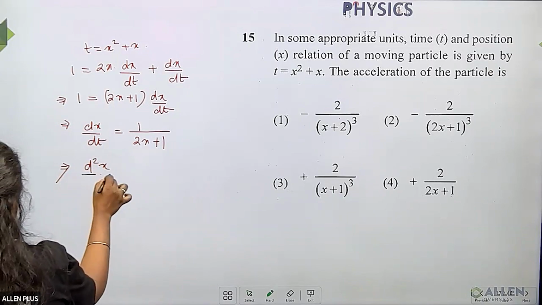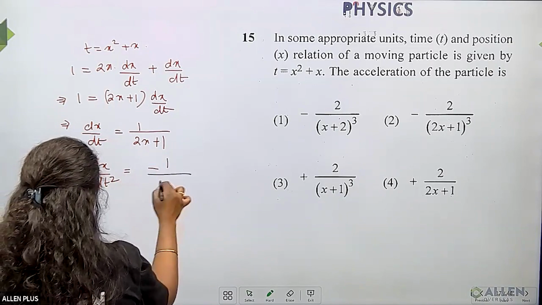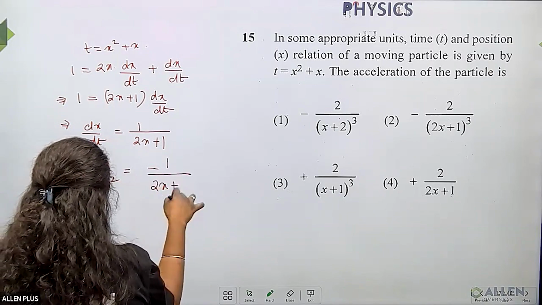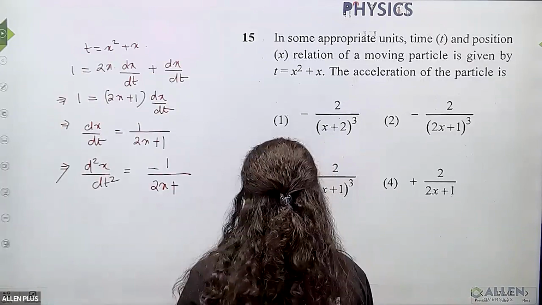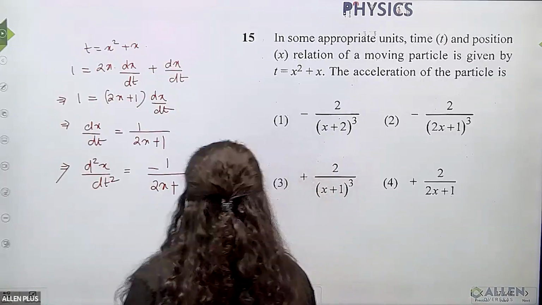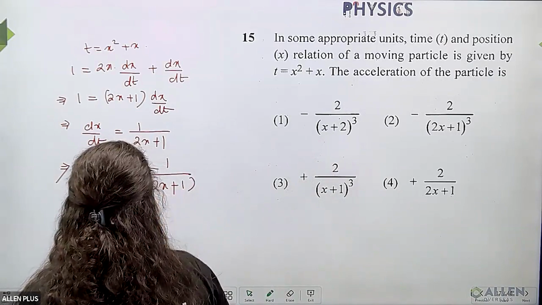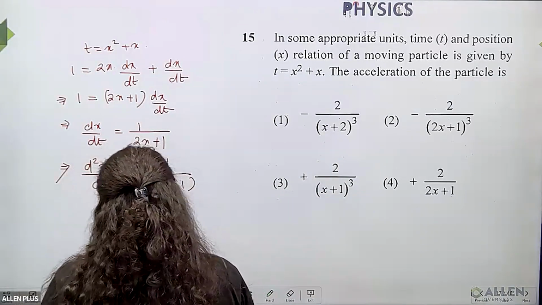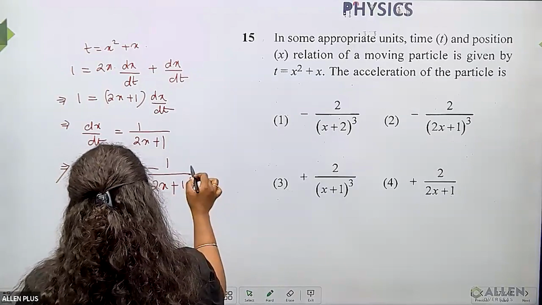d square x by dt square will be equal to minus 1 divided by 2x plus 1 whole to the power 2.